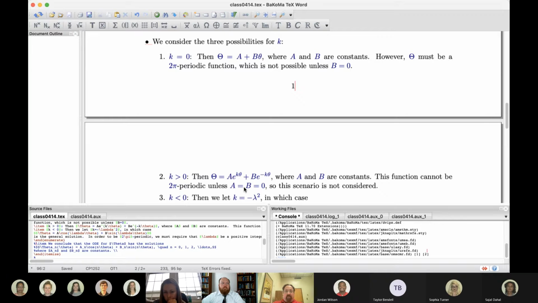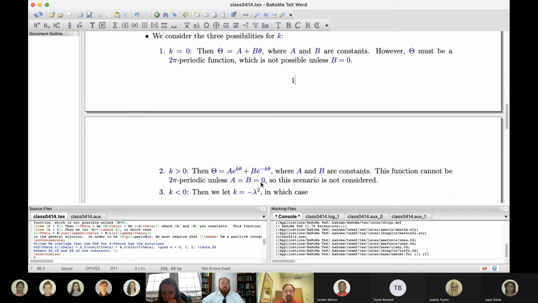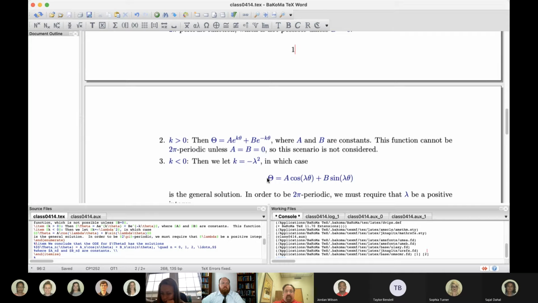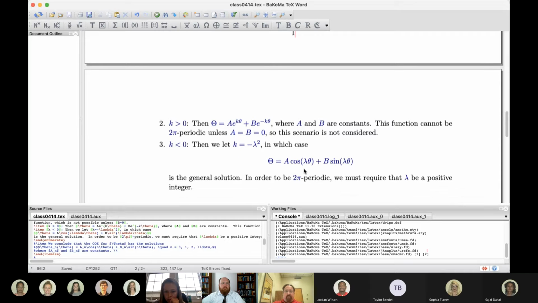We can only consider non-trivial solutions, so we forget about that case. And when k is negative, Theta is equal to this combination of sine and cosine. For this to be 2 pi periodic, we need lambda to be a positive integer.